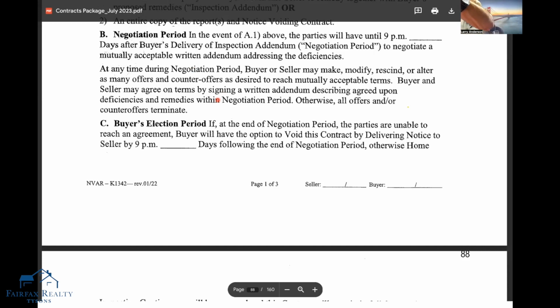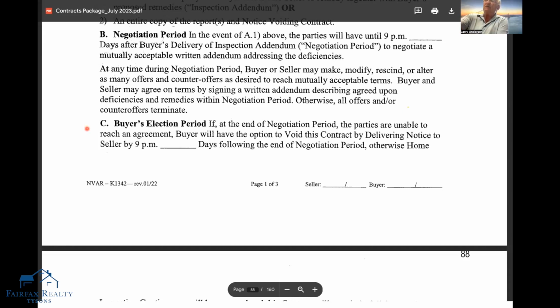If this says 9 p.m., 3 days, and your first day started today, Monday, Tuesday, Wednesday by 9 p.m., you have to have that written signed addendum. Otherwise, all offers and counter offers terminate automatically. I don't care if you're still talking back and forth at this time. If you don't have that written addendum, then your buyer is in their election period.